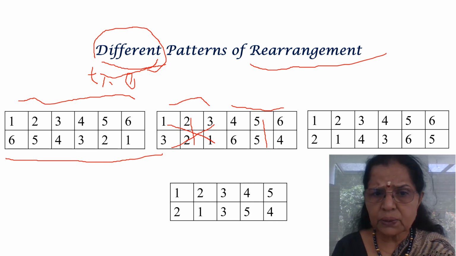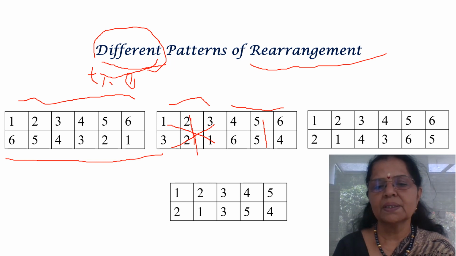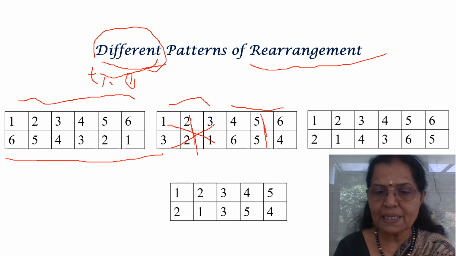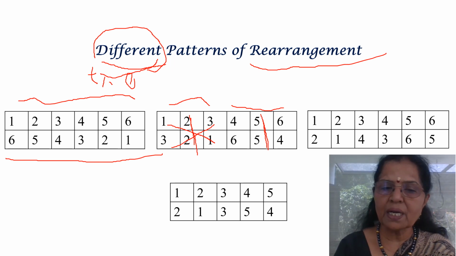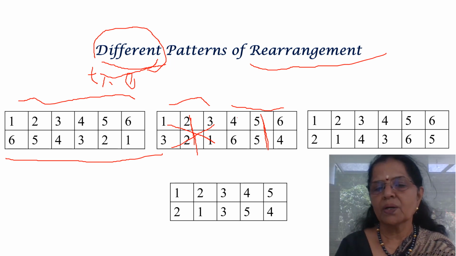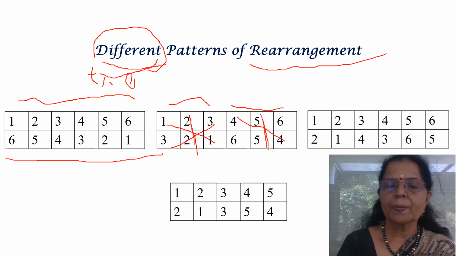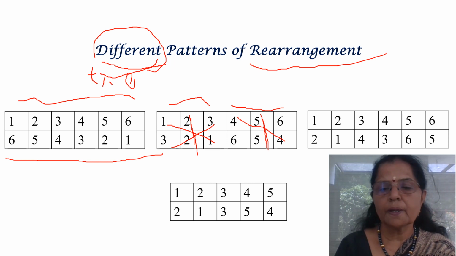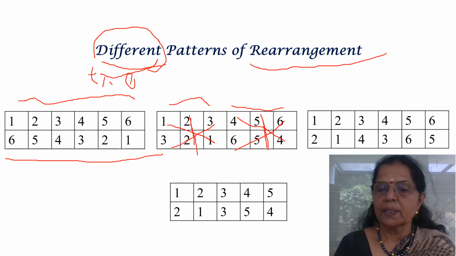So now look at this 2, the middle. We are starting from the middle. So the middle is retained. And here in the triplet also, the middle is retained. And both the corners are interchanged. 4 here, and 6 here. 5 is retained. See, this is the second type of pattern.